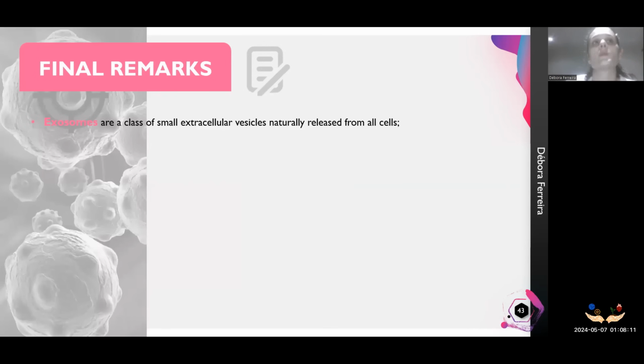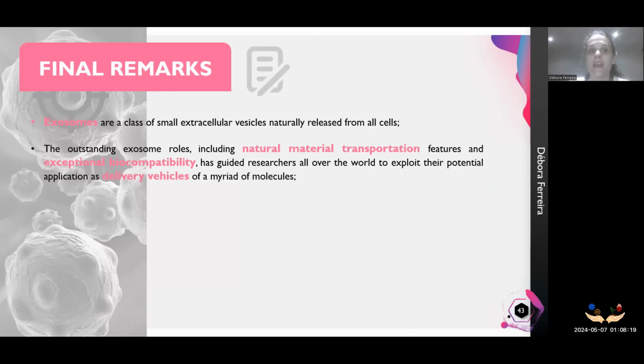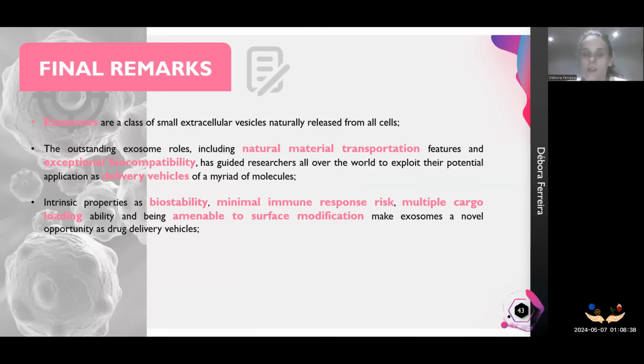So as final remarks, I would like to say that exosomes are a class of extracellular vesicles that are naturally released from all cells. The outstanding exosome roles, including natural material transportation features and also the exceptional biocompatibility, have guided researchers all over the world to exploit their potential application as delivery vehicles of several different molecules.